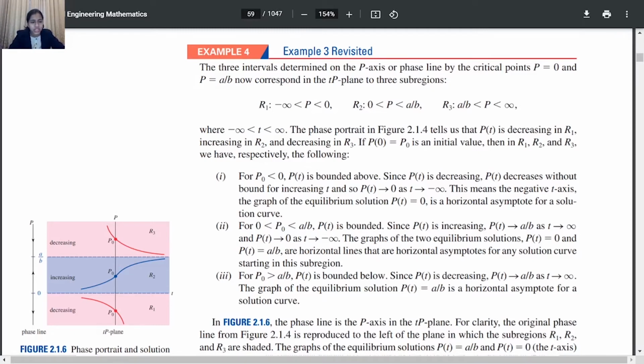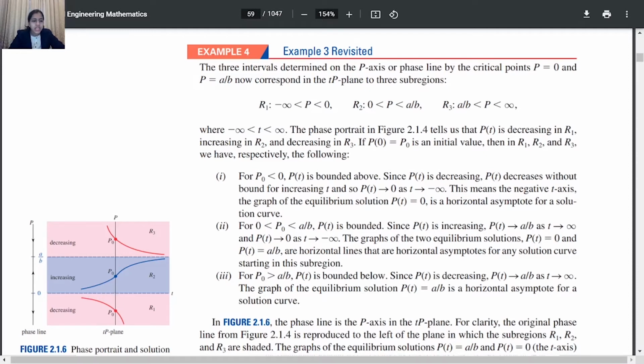So the graph will be as follows. As t decreases, the graph will approach the equilibrium solution, that is p is equal to 0.